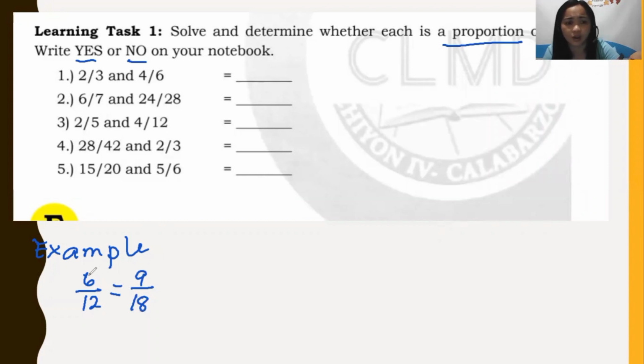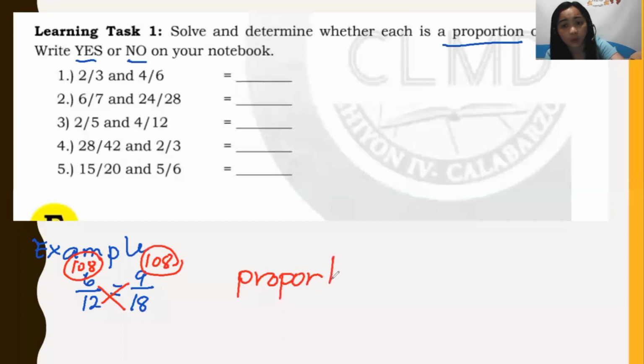So now we have here 6 times 18, that is 108. And then we have 12 times 9 is also 108. Therefore, they have the same cross product. It is proportion. Dahil pares ang kanilang cross product, sila ay proportion.